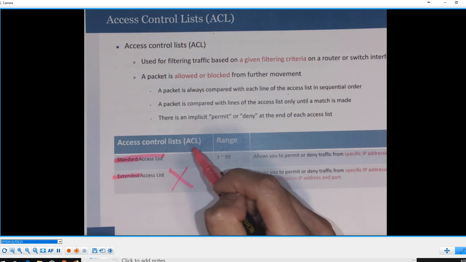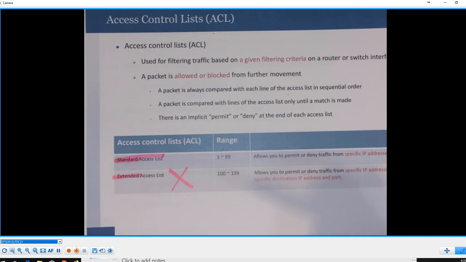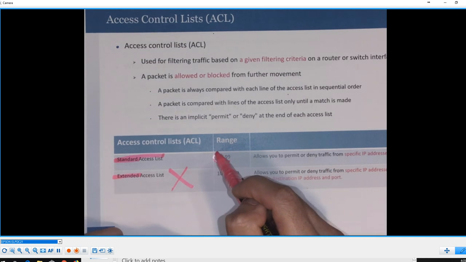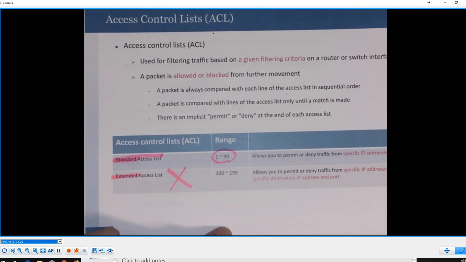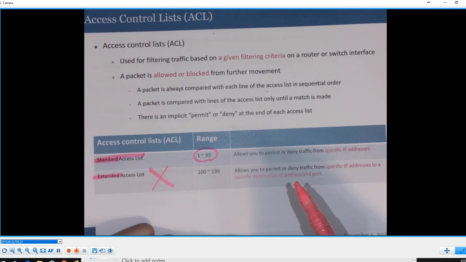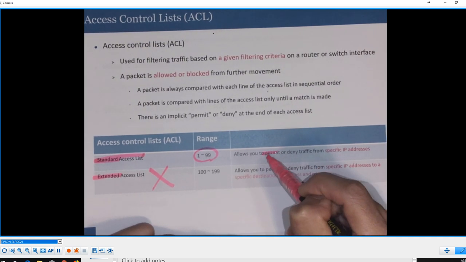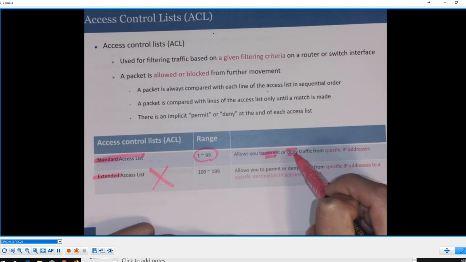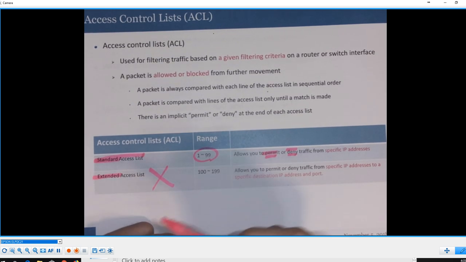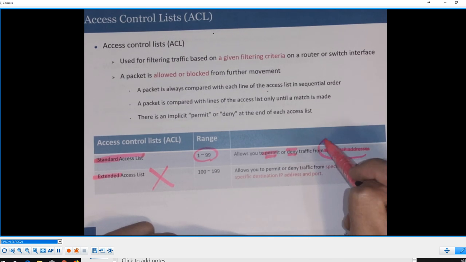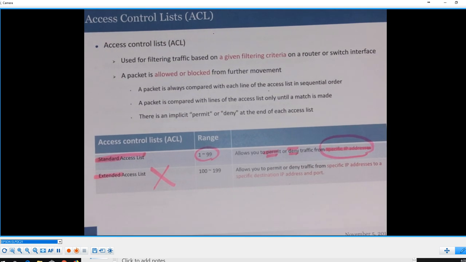And usually for the access control list, they use a number, right? The number ranges from 1 to 99. And then it allows you to permit, so this is important, permit or deny traffic from a specific IP address. So it's kind of controlling the source IP address. Whether you're going to deny or permit traffic from a specific source IP address, right?